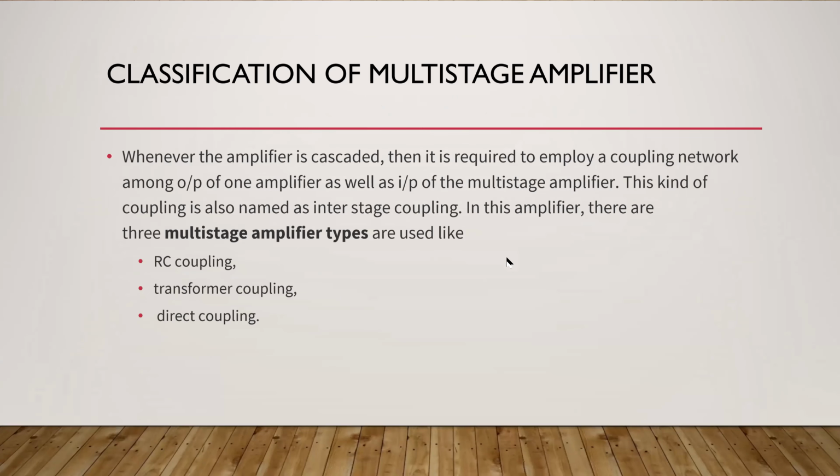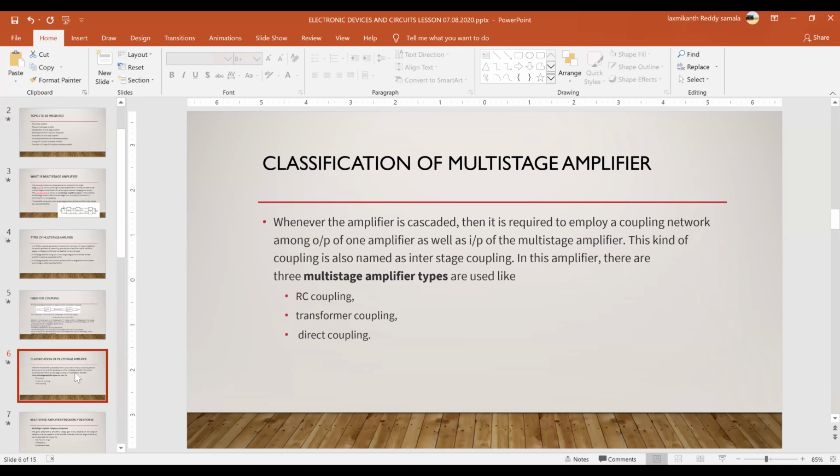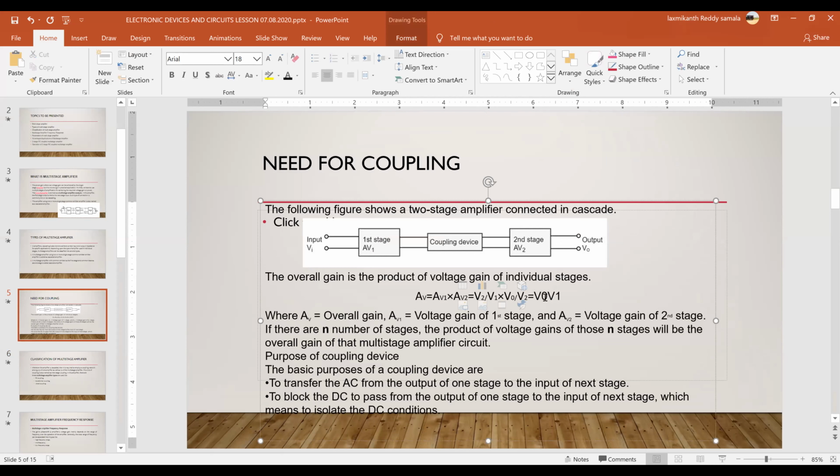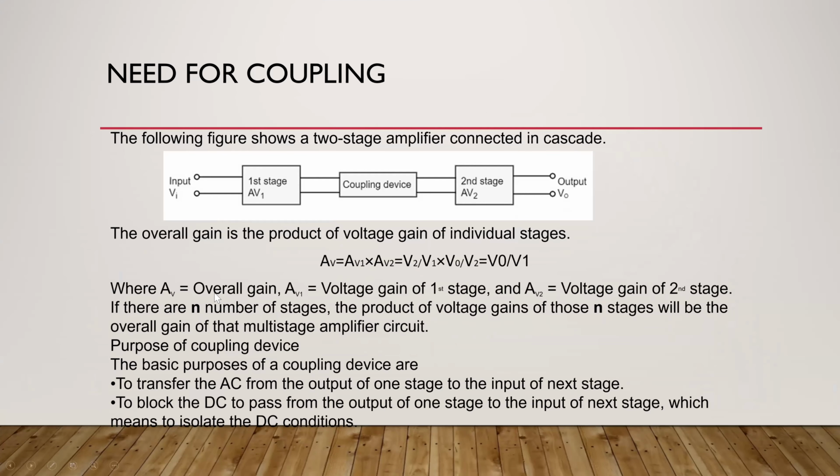Here it is V0 by Vin. You can see here, where AV is the overall gain, AV1 is the voltage gain of the first stage, AV2 is the voltage gain of the second stage.